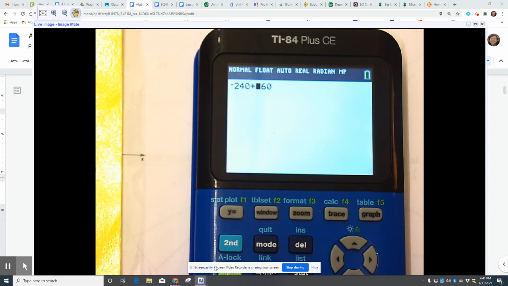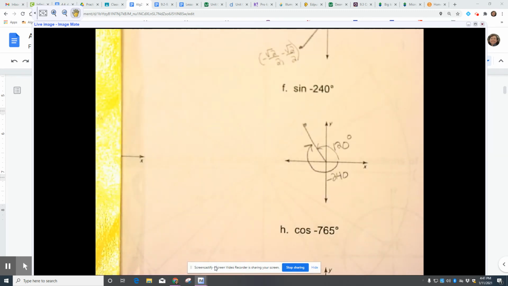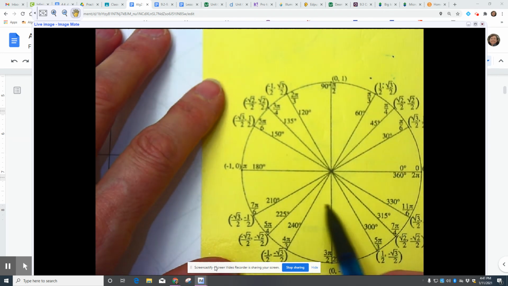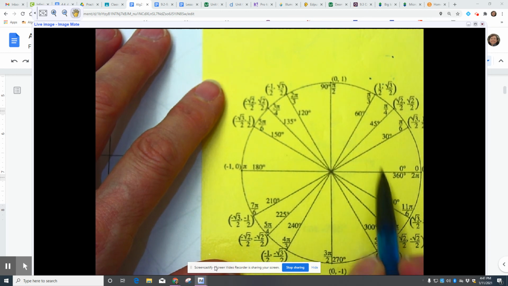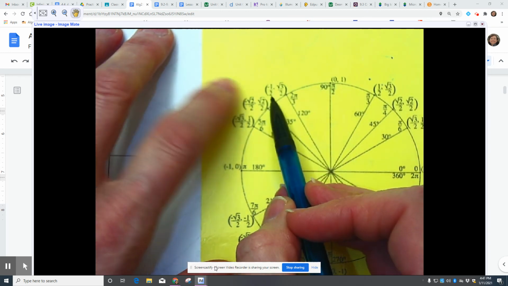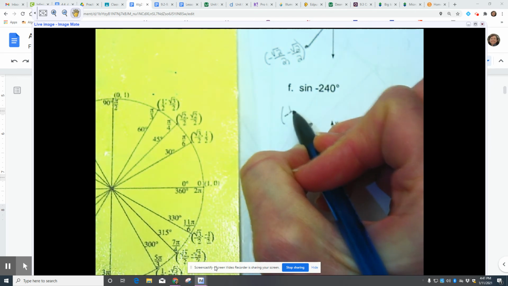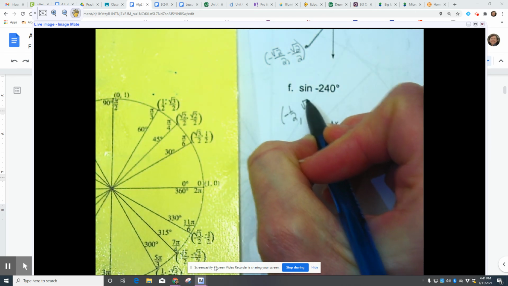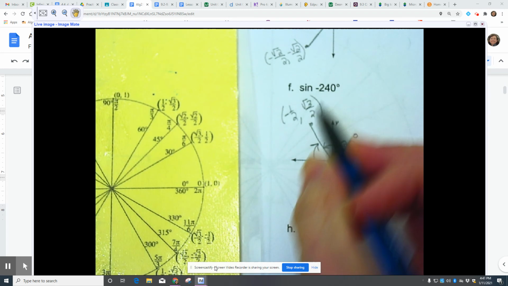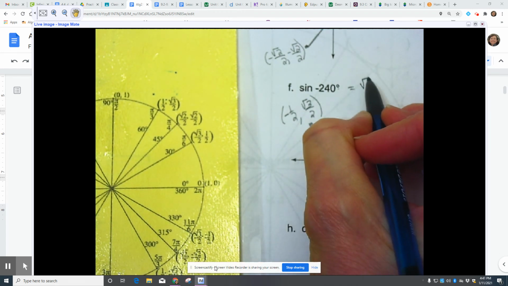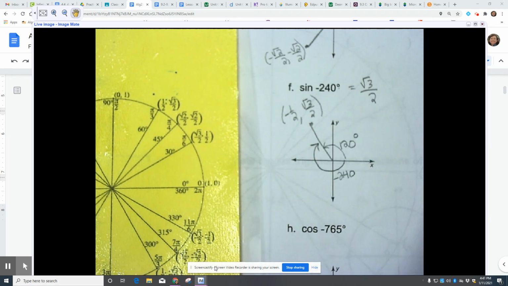I get 120. So that tells me that negative 240 and 120 have the same sine and cosine because they are coterminal. So that coordinate point is negative 1/2, comma, square root of 3 over 2. So the sine, remember sine is y, is going to be square root of 3 over 2.